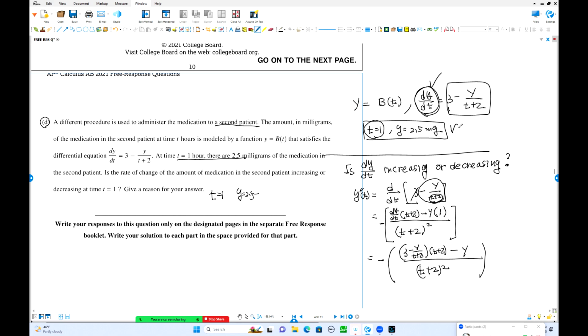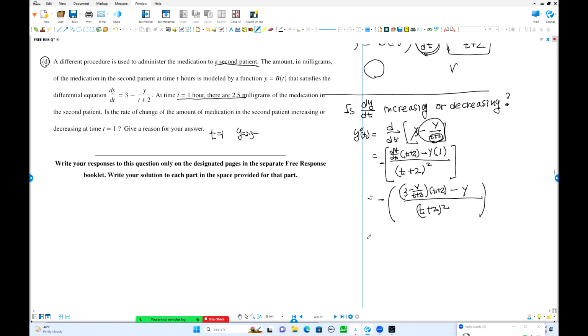So 3 minus y, where y equals 2.5, times t plus 2, where t equals 1 and 1 plus 2 is 3, and y equals 2.5. Now the denominator: t is 1, 1 plus 2 is 3, squared is 9, okay?